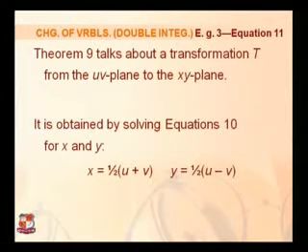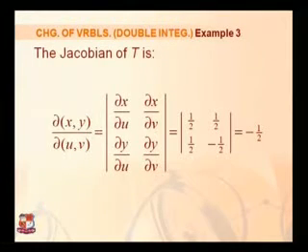Okay, so x is equal to 1/2 (u plus v) and y is equal to 1/2 (u minus v). So here del xy by del uv is equal to the determinant of del x by del u, del x by del v, del y by del u and del y by del v, which is equal to minus 1/2.